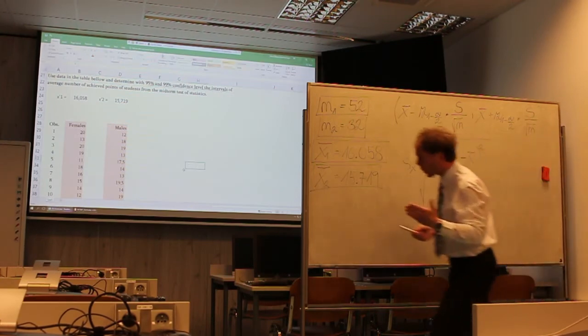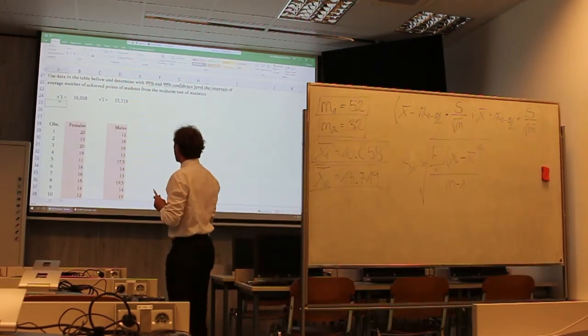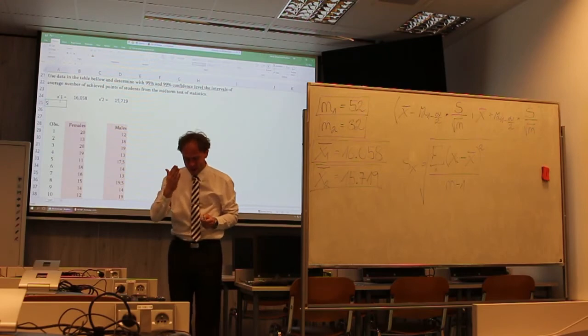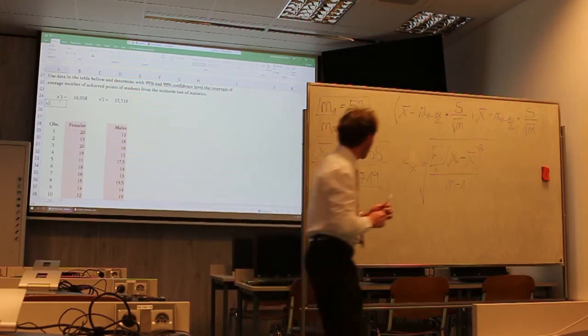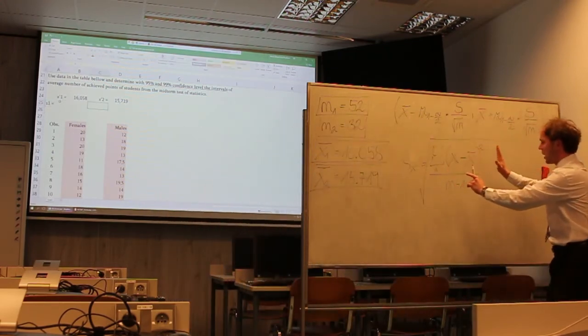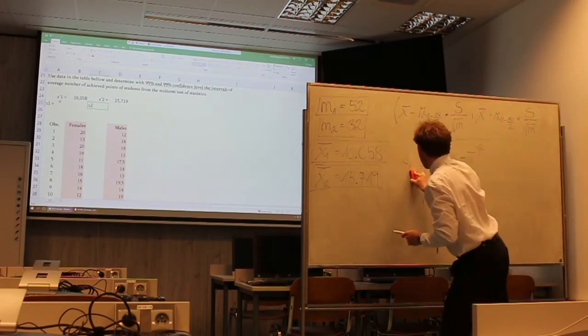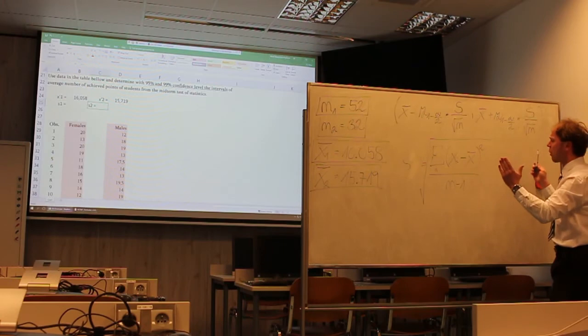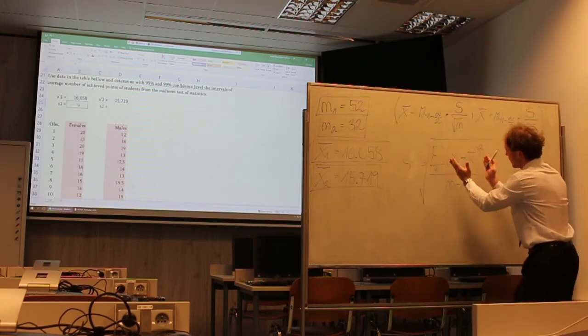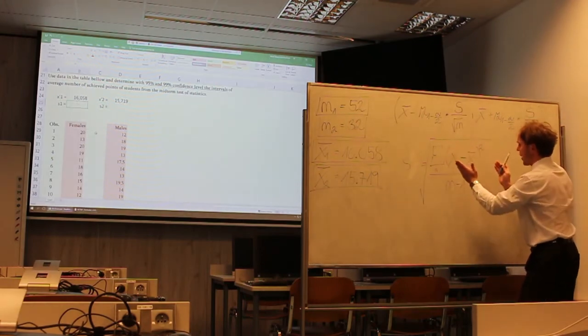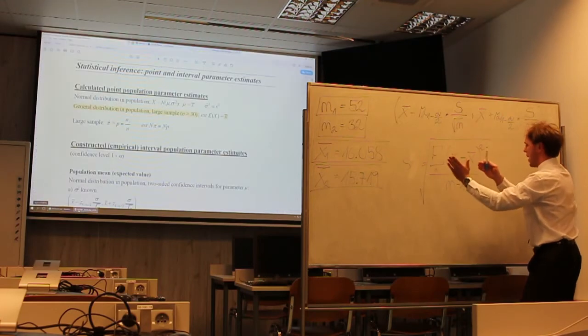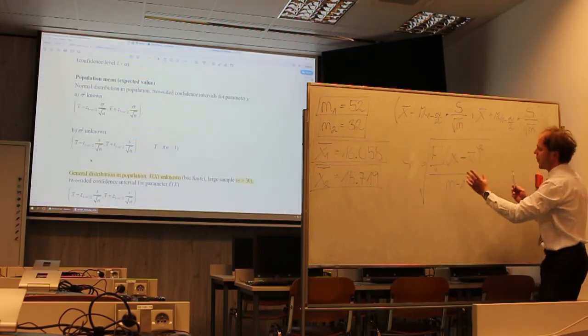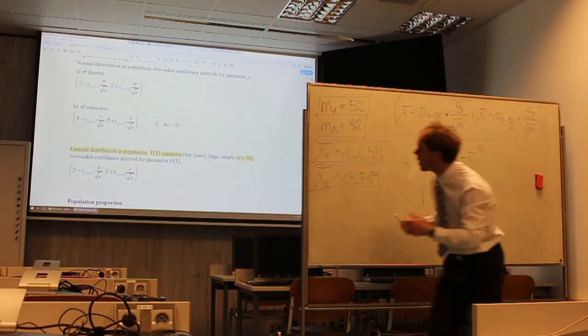So we will continue with the sample standard deviation, using this formula, S. We will calculate 52 squared differences for females, and 32 squared differences for males.